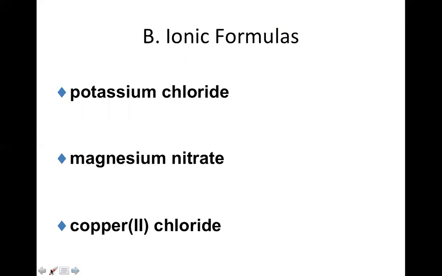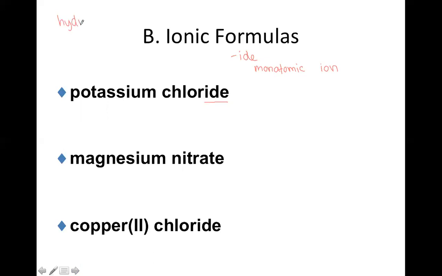Here are some examples. The first one we have, again, is potassium chloride. This was one that was featured in the last video. But here, this IDE tells us we have a monatomic ion, except for the case with hydroxide.